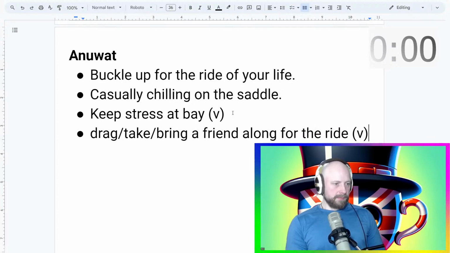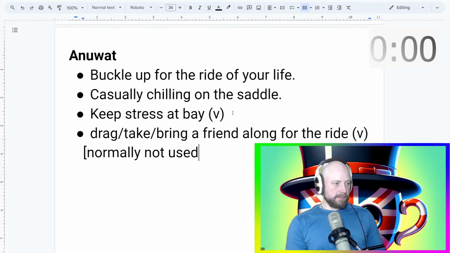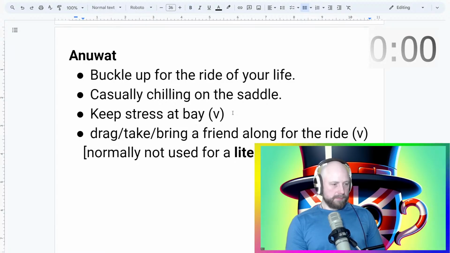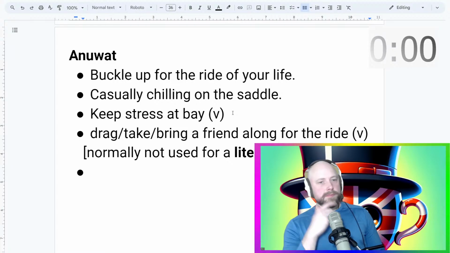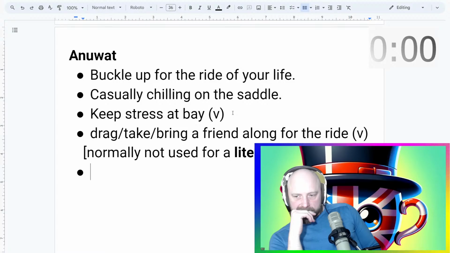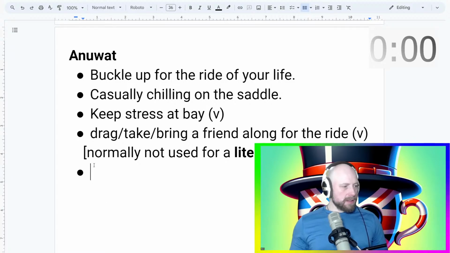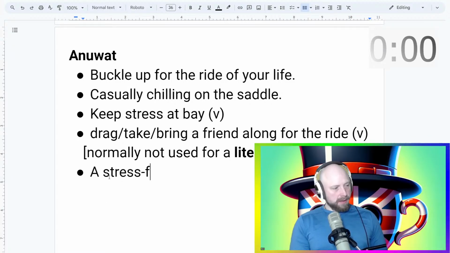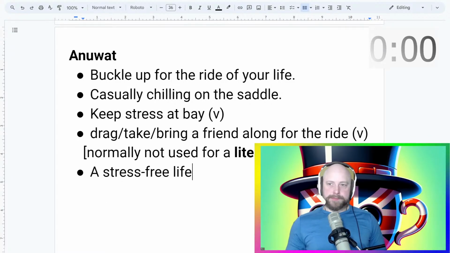So, why cycling for stress management? It's a holistic experience. The perfect blend of physical activity, mindfulness, and social connection. Break free from the routine, embrace the saddle, and pedal towards a stress-free life. Until next time, happy cycling and happy de-stressing.